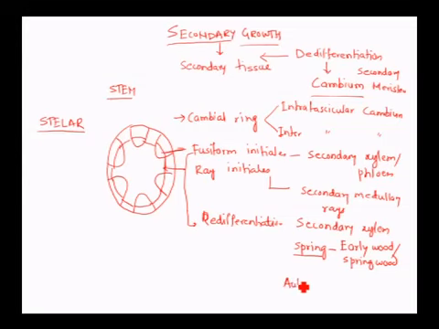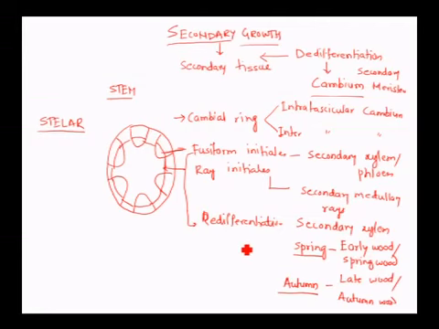There is another season where the plants will shed their leaves, so water demand decreases. So here in this season, xylem develops with narrow lumen known as late wood. Early wood is where xylem develops with wide lumen. Late wood is where xylem develops with narrow lumen. Late wood is also called autumn wood.